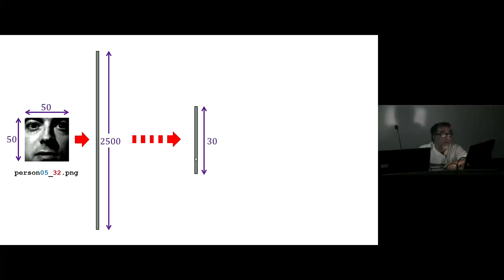Then our purpose is to reduce it to 30 dimensions using principal component analysis. So in the code, it's called DPC. That's the same as M previously. M, the number of dimensions, was the number of reduced dimensions. I call it DPC in the MATLAB code, 30 dimensions, from 2,500 dimensions to 30 dimensions.